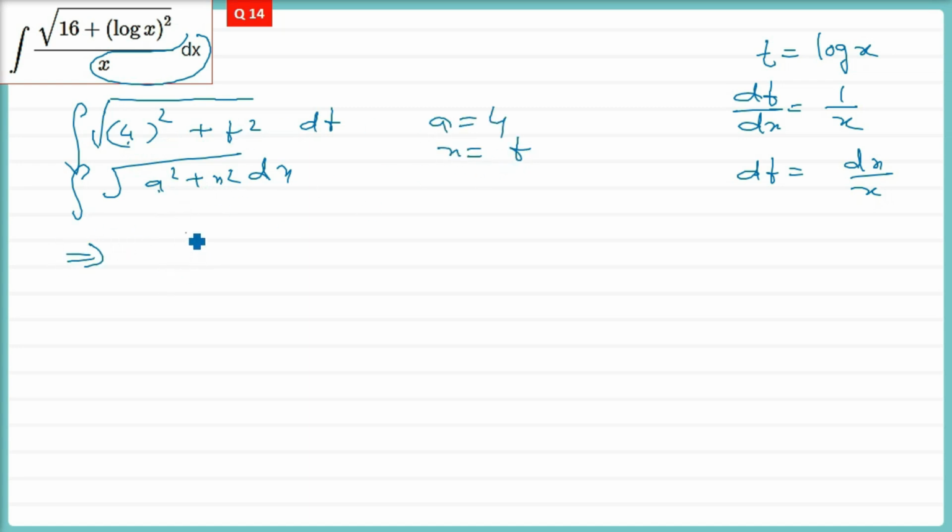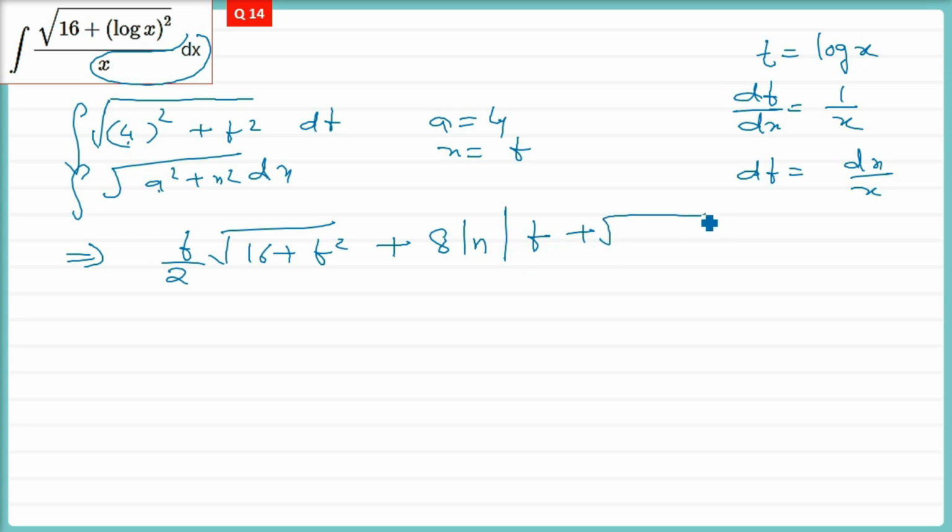So this is going to be t by 2 under root a square plus x square, that is 16 plus t square, plus a square by 2, 16 by 2, it will come as 8 ln, log base e modulus of t plus under root again 16 plus t square, plus a constant of integration.